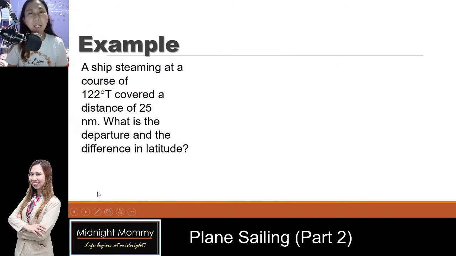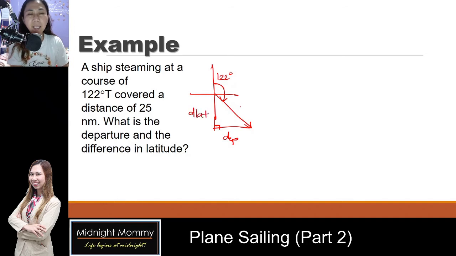So, this time, i-try natin i-solve yung same problem, pero this time naman, kukunin naman natin yung triangle dun sa baba. Okay, so based sa illustration natin, so kung ito yung ating 122 degrees na course, so kung kukunin natin yung right triangle sa baba, ito yung ating departure, ito yung ating dilat, ito ang D, and then ito yung ating angle theta.